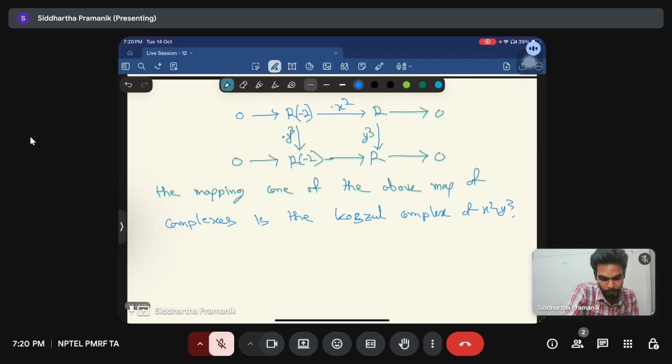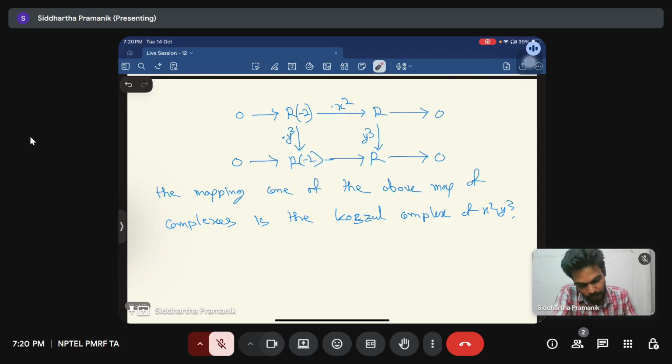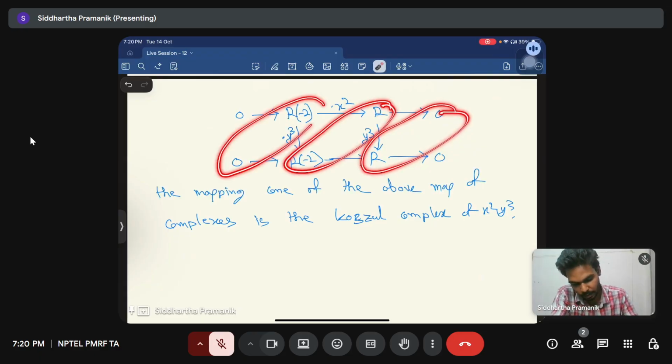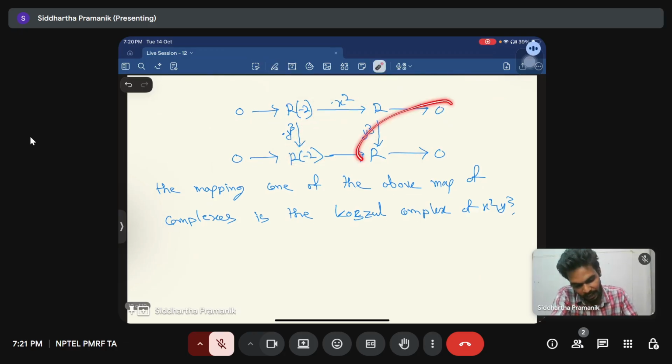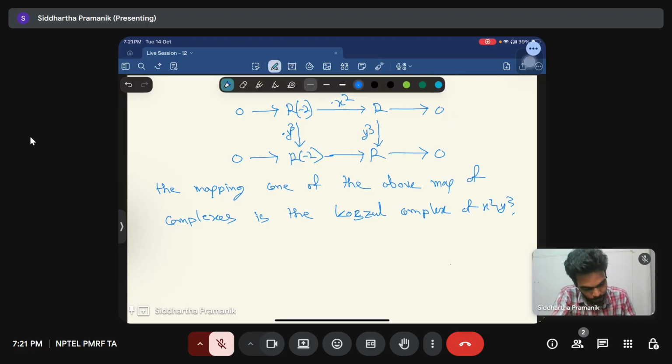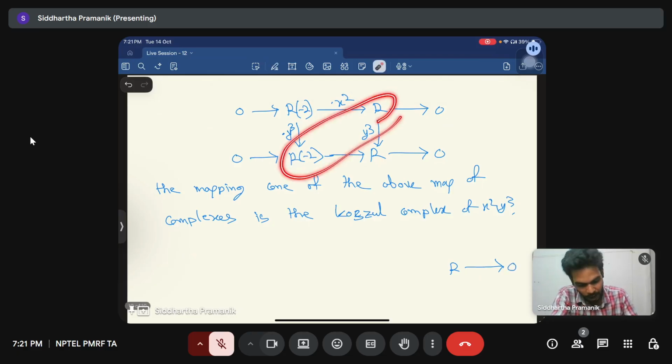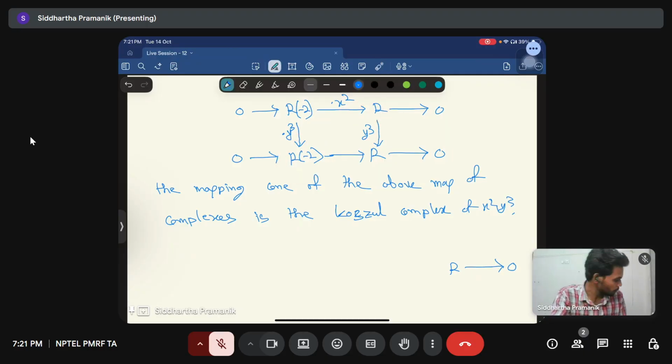So let's find the mapping cone. The first module is this diagonal, the second module is this diagonal, the third module is this diagonal. So let's write it down. So it is R, the first is this, meaning R in degree 0. Second is this one, R in degree minus 2.